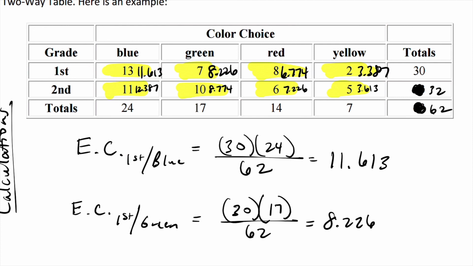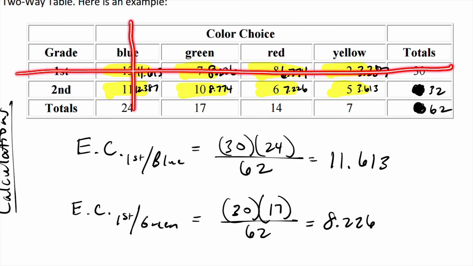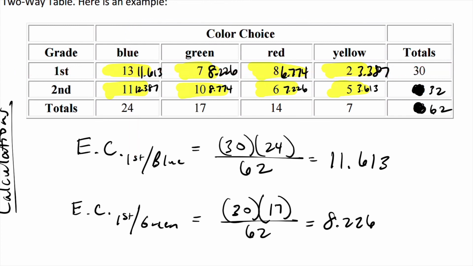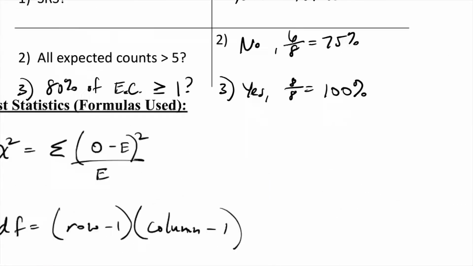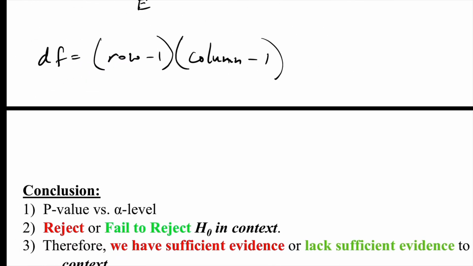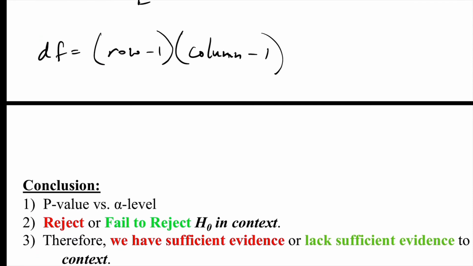You can only do it for a two-way table. It doesn't work for goodness of fit. Goodness of fit are not two-way tables. You cross out the first row. You cross out the first column. How many cells are left? That's your degrees of freedom. Otherwise, it's row minus 1, column minus 1, multiply them together.